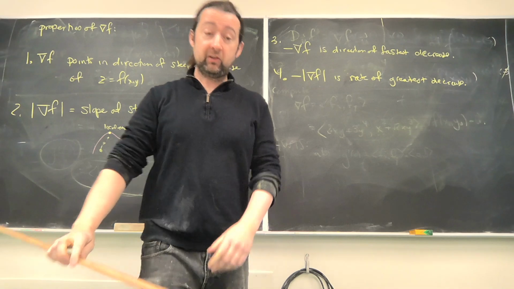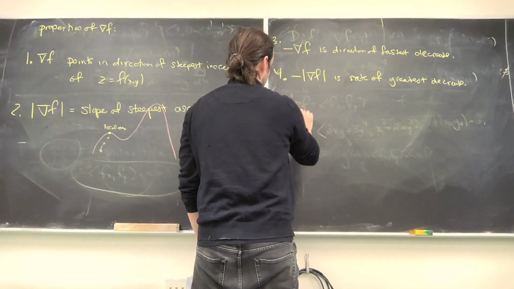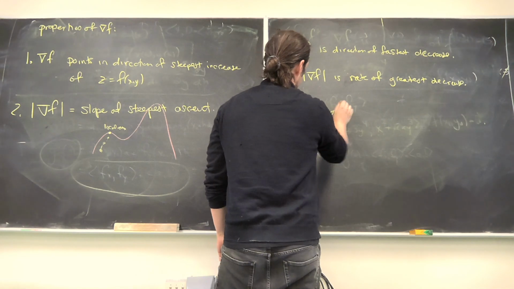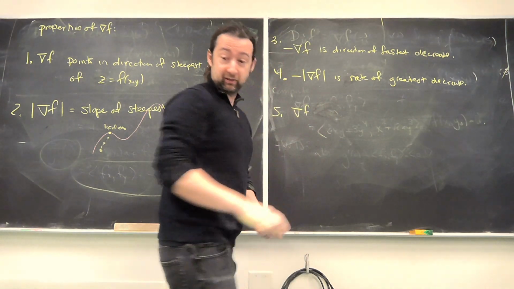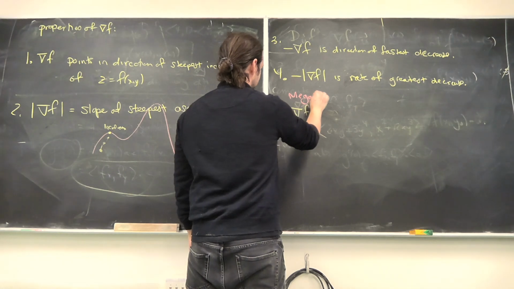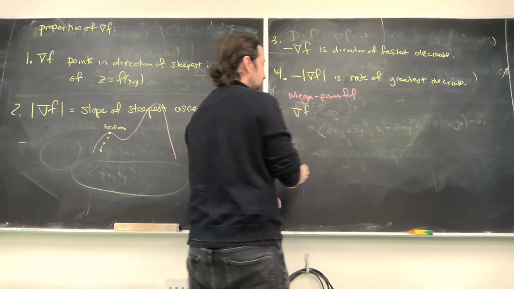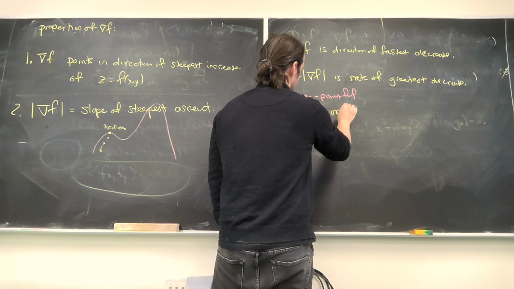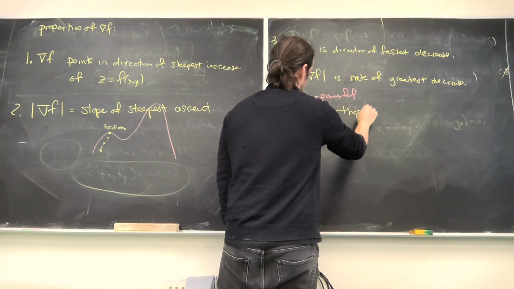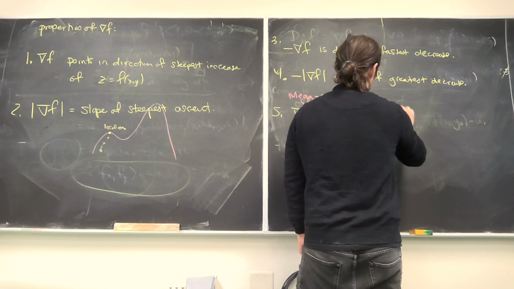And so that means the gradient of f, this is a really, I'm going to put this as a mega powerful idea. The gradient of f is orthogonal to the level curves of f.